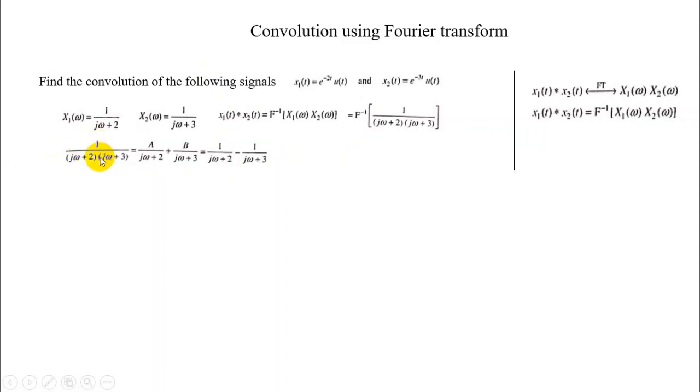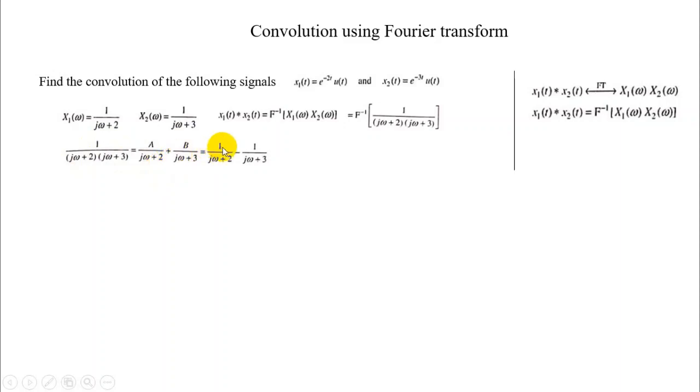So seeing this, we need to formulate the partial fraction as follows, with A and B. I also discussed in previous videos how to determine the values of A and B. I want to mention again here, you just need to multiply both sides by the denominator of the left side, so we multiply that side and that side by (j omega plus 2) into (j omega plus 3), and after separating the real and imaginary parts, we will get the values of A and B.